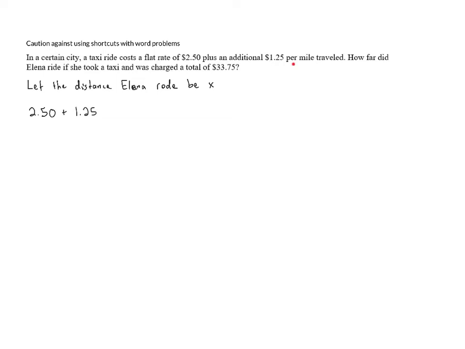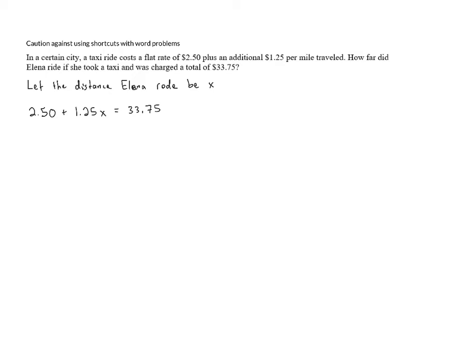That is a rate. Since it's $1.25 per mile, we need to multiply 1.25 times the number of miles that Elena travels, and that distance is given by x. So we have to multiply 1.25 times x, and then the total cost is $33.75.